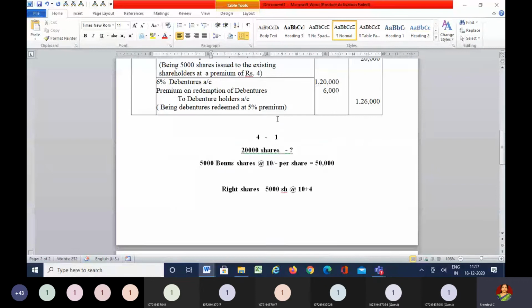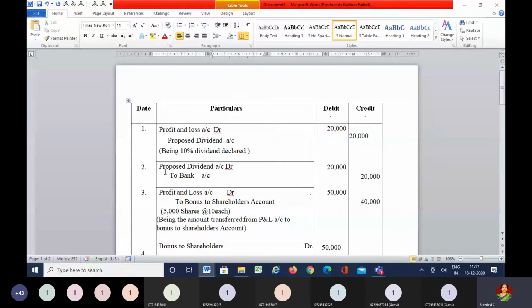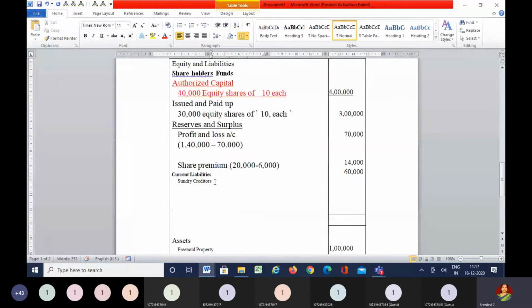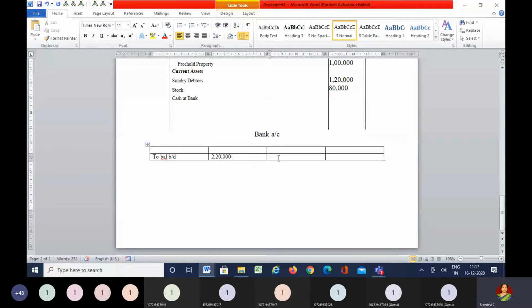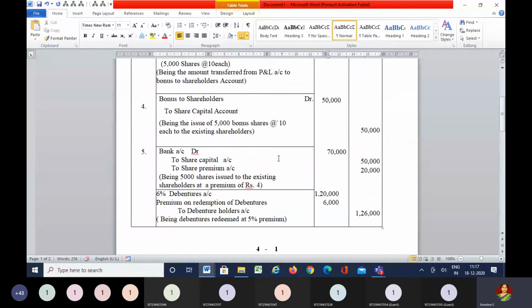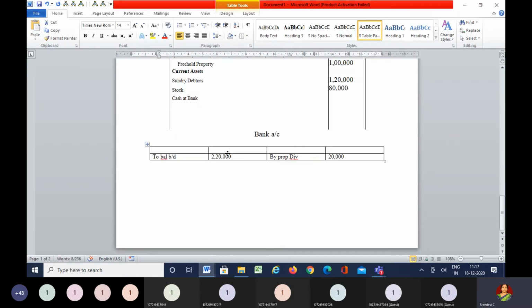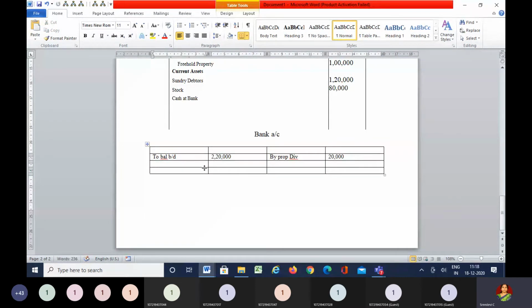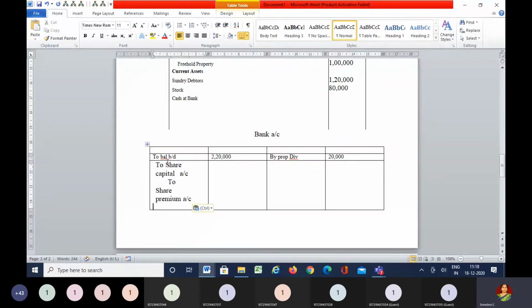So let's see, because of these journal entries, what you have written. Proposed dividends to bank. So in the bank, on the credit side, by proposed dividends, the amount paid towards the same is 20,000 rupees. Then there is also a receipt of cash, that is bank to share capital and share premium, and the amounts are 50,000 and 20,000.